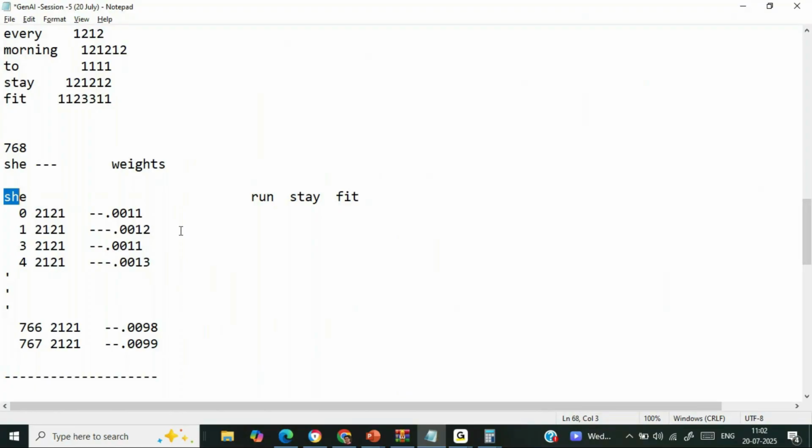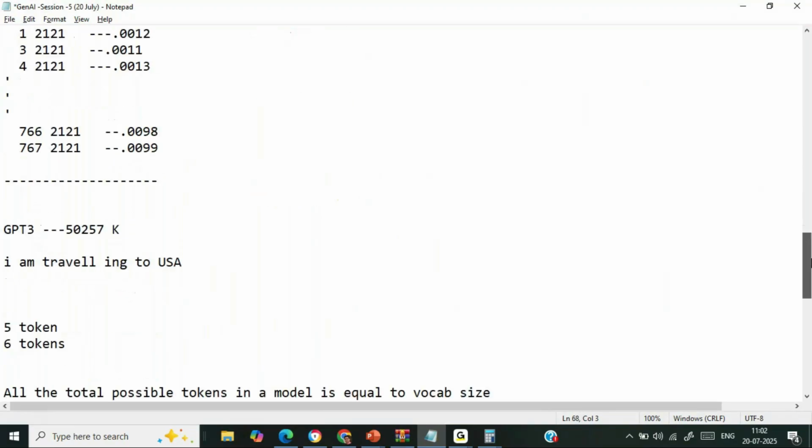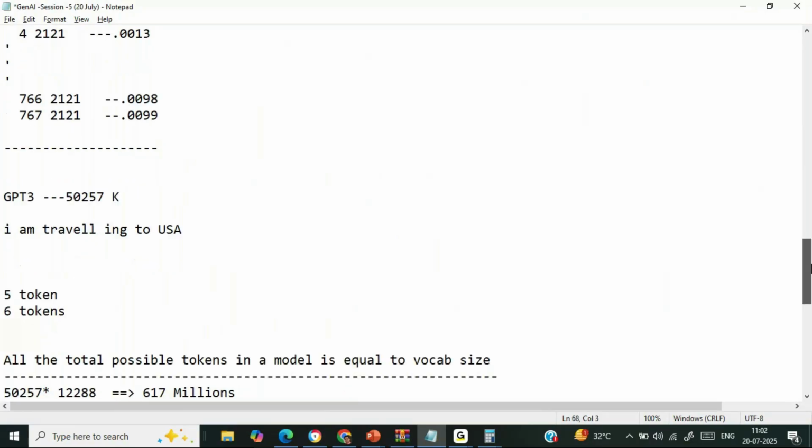But at this moment, what you can capture is that with respect to the dimensions, we have different weights, and these weights will be further fine tuned based upon the attention layer and the feed forward layer, that is MLP.